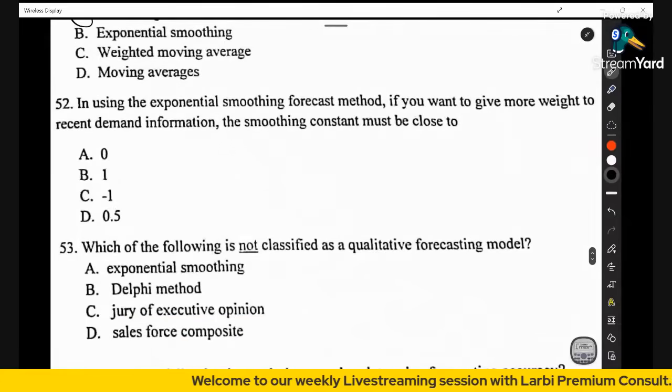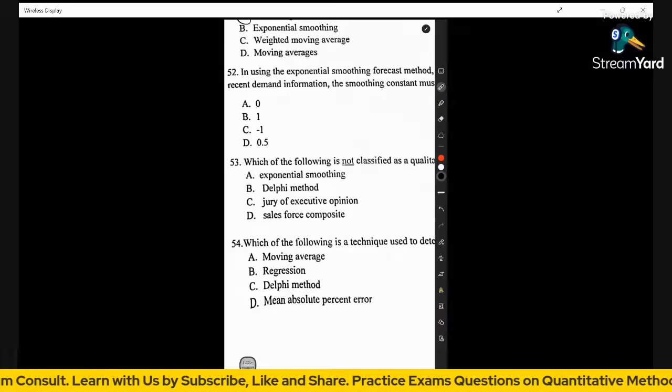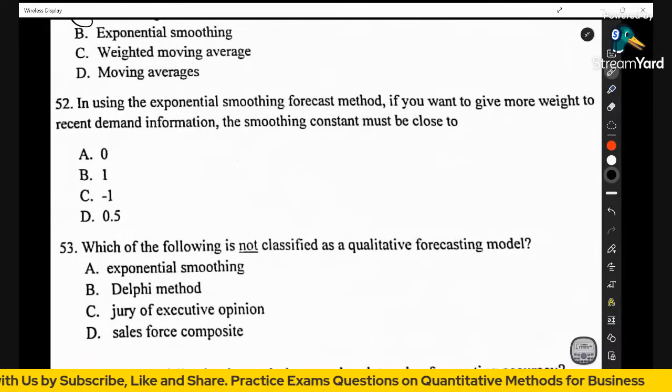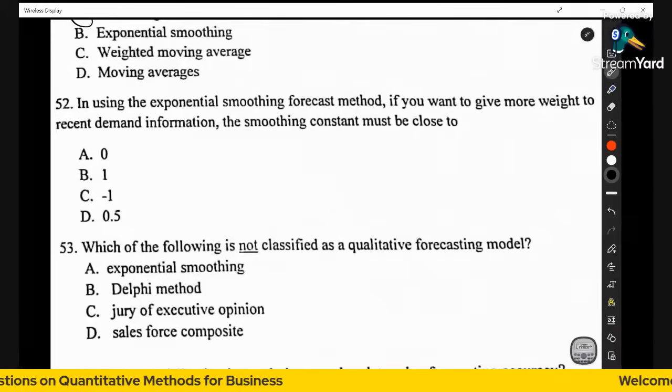52. In using the exponential smoothing forecasting method, if you want to give more weight to recent demand information, the smoothing constant must be close to what? So we want to put more weight on the recent data.